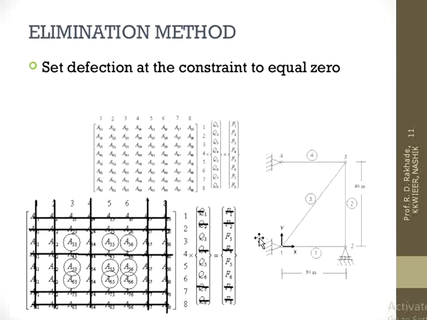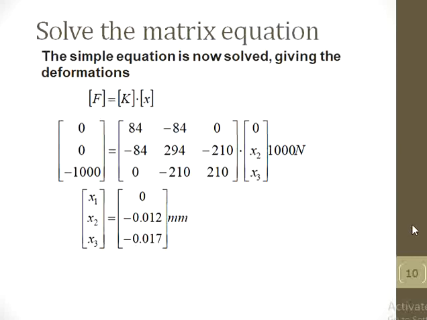Suppose we consider here node 1 or displacement 1 is 0 and load also 0. So we eliminate the first column and first row from the global stiffness matrix. So we have only the remaining 2 by 2 matrix, and we can generate simultaneous equations with x2 and x3 unknown.